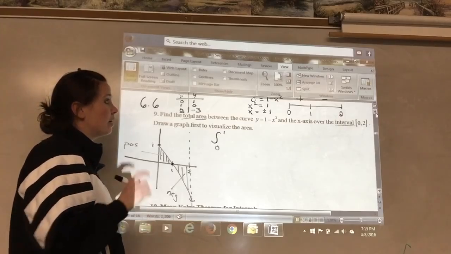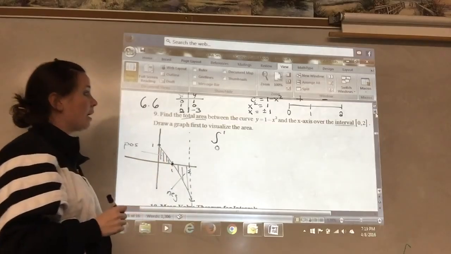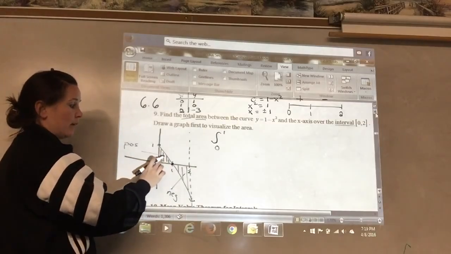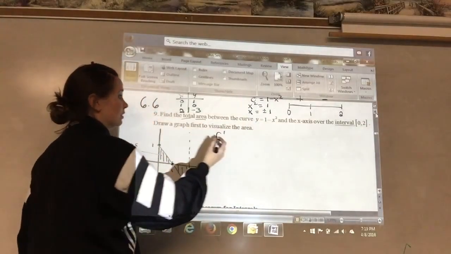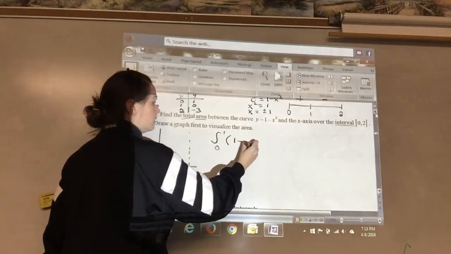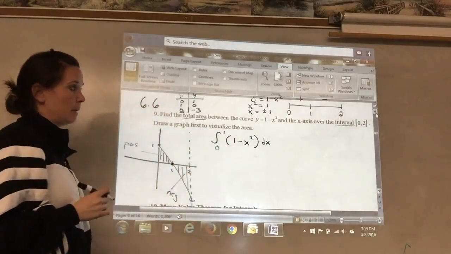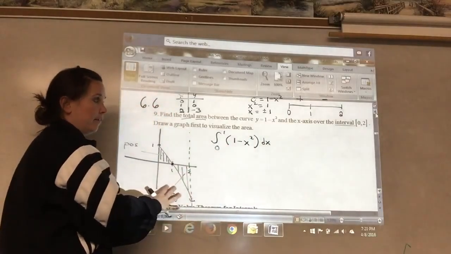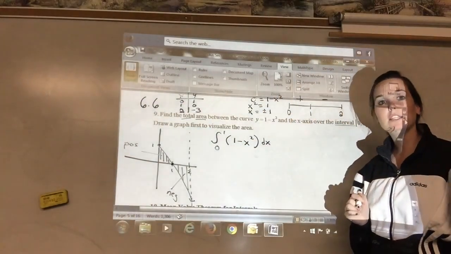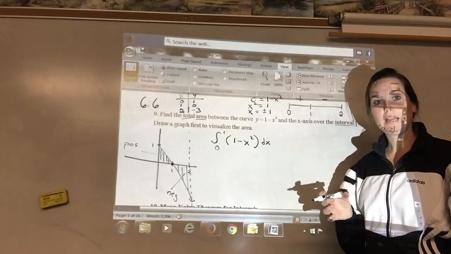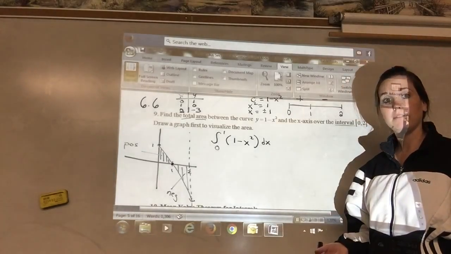Okay, so going from 0 to 1, again, from 2 reasons here. I am going to not need an absolute value because we can see that I'm positive in both circumstances. So I have the integral of 1 minus x squared dx. Now, the next piece, this is where I'm negative. So instead of using absolute value notation, isn't it true that if you take the opposite of a negative, it becomes positive?